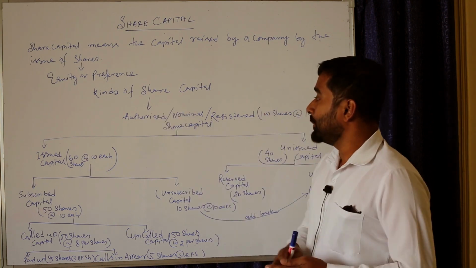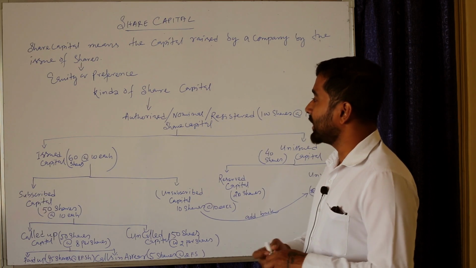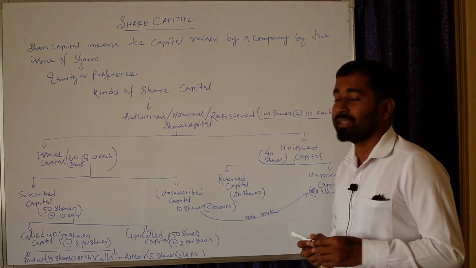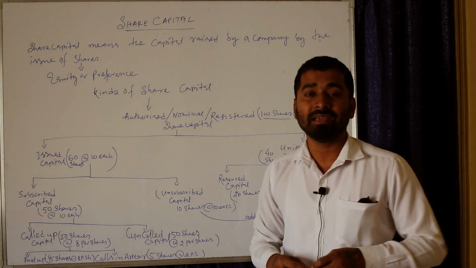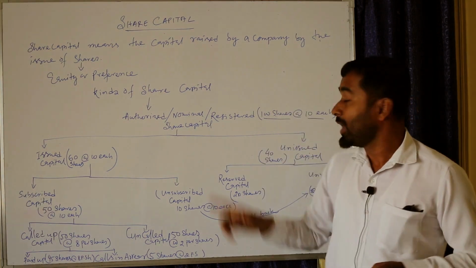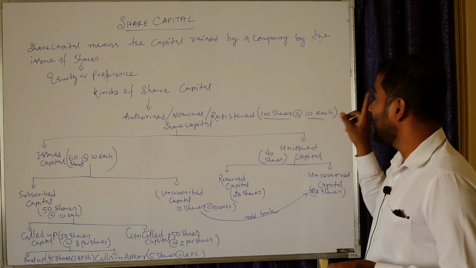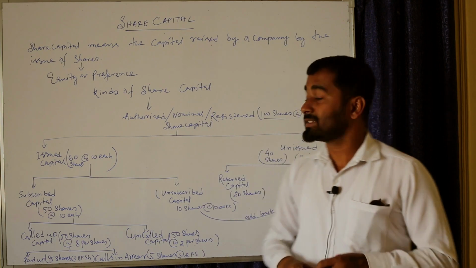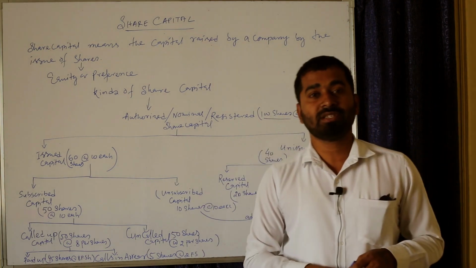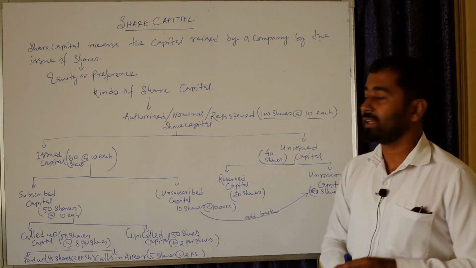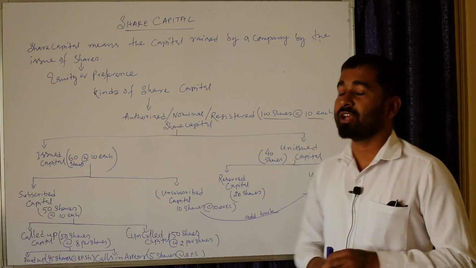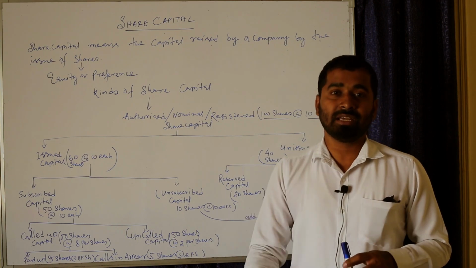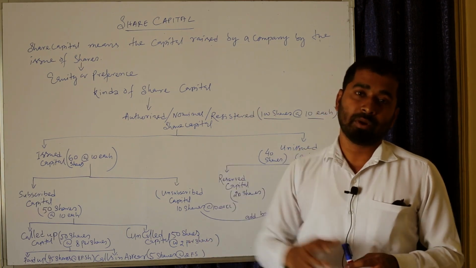If the memorandum says 100 shares at the rate of 10 each, the company is saying that it will issue 100 shares at 10 each throughout its life. Can this be changed? Yes, if you later think the authorized share capital should be increased, you can increase it by amending your memorandum.